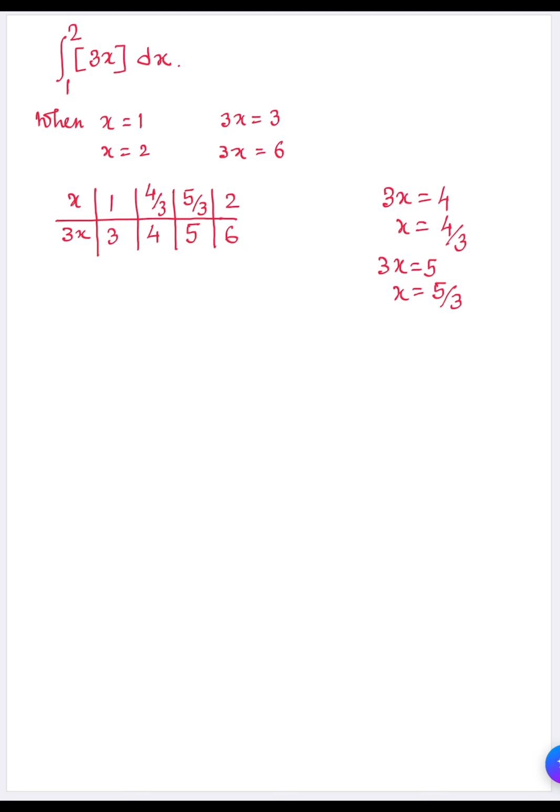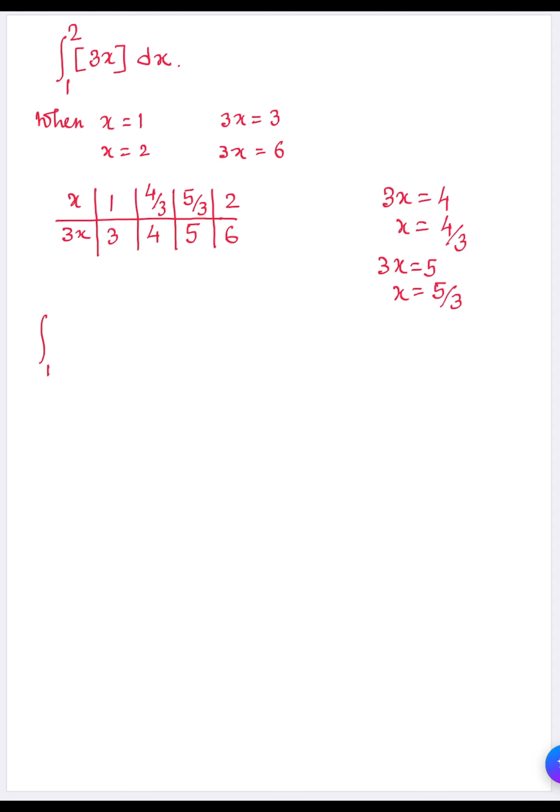We have to break the integral at the points of discontinuity. When 3x varies from 3 to 6, x varies from 1 to 2. The points of discontinuity are 4 by 3, 5 by 3, and 2.